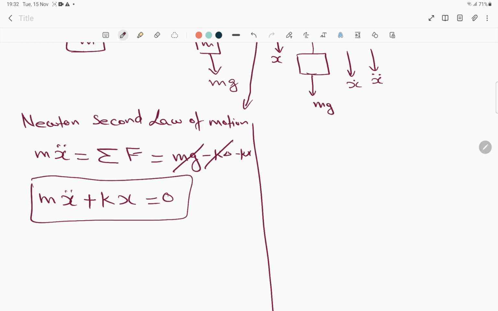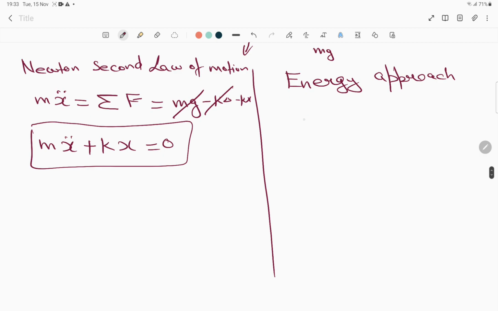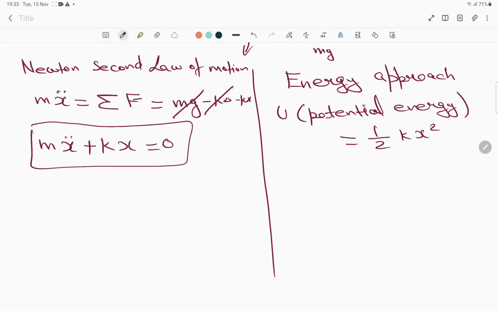Now the same thing I can do by the energy approach. So in the energy approach, what we do is we write the potential energy and the kinetic energy, and we say that the sum of the energy will be constant. So for potential energy, we can write it as half k x square over here.